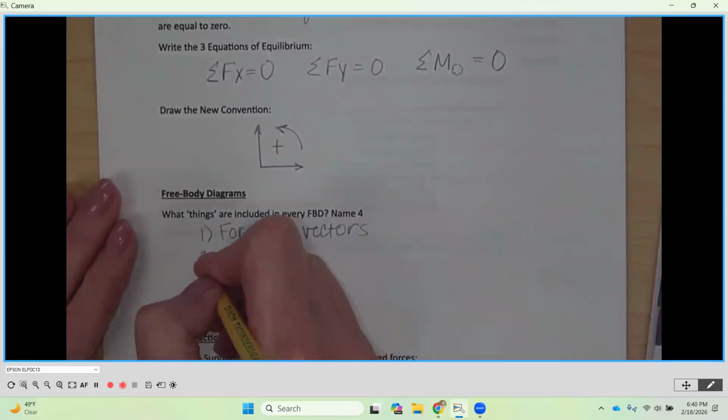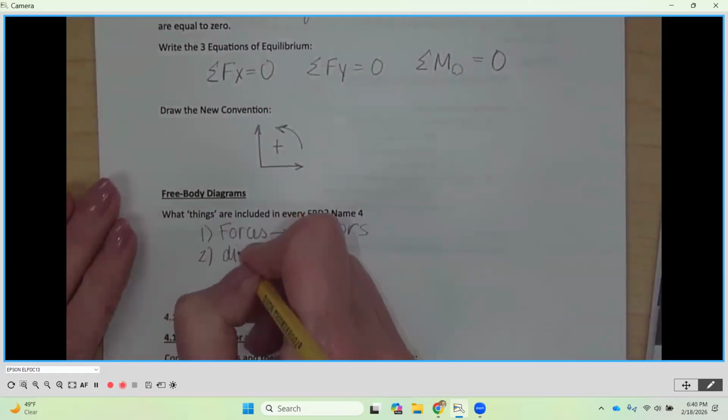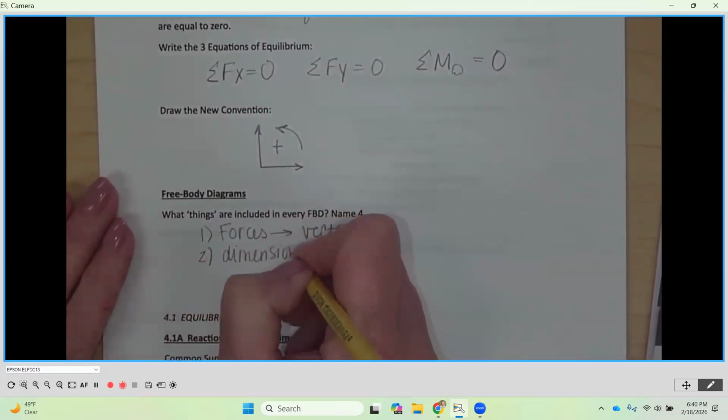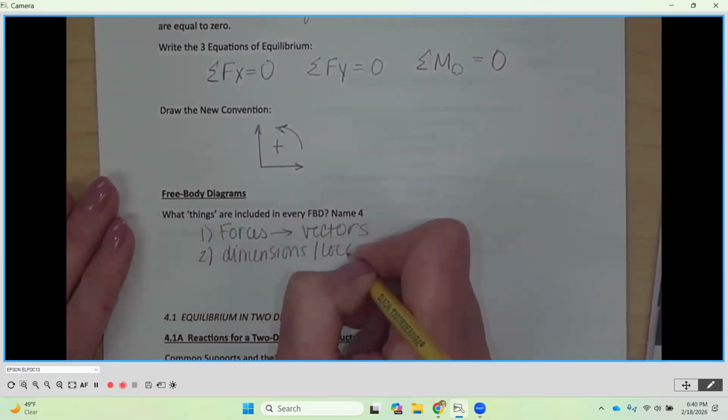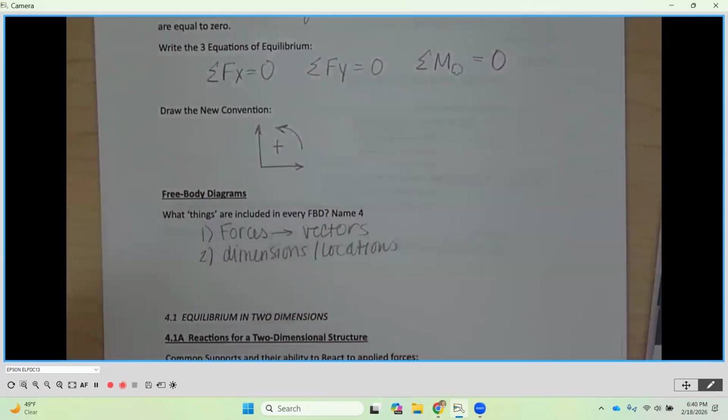Another thing we need to know are any dimensions or locations that we need to be aware of, because as we know, especially when we're looking at distances between things, they're going to come in handy when we're summing moments.